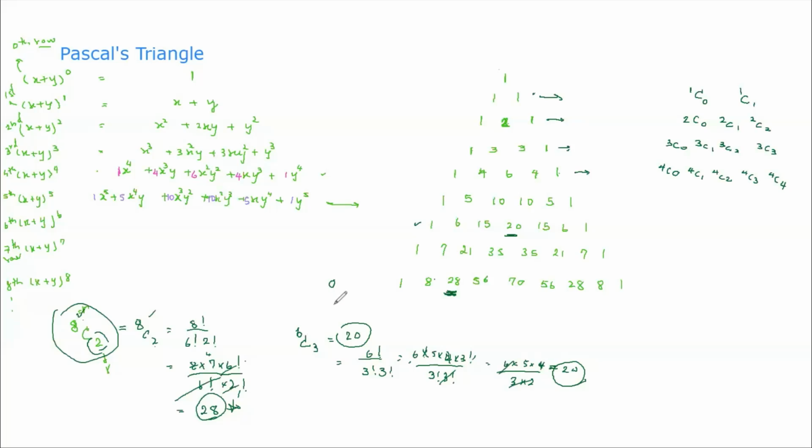And in algebra, it helps us to find the coefficients for the binomial when the index is very high, like when x plus y to the power n has a high index. So we can use Pascal's triangle like this. You can arrange it up to about 10 maximum like this. But if the power is very high, for example power 75, how to do it? We're going to have a formula later.